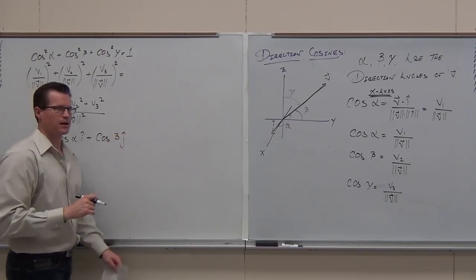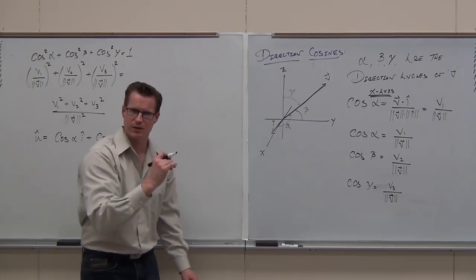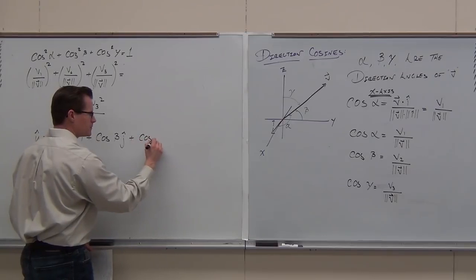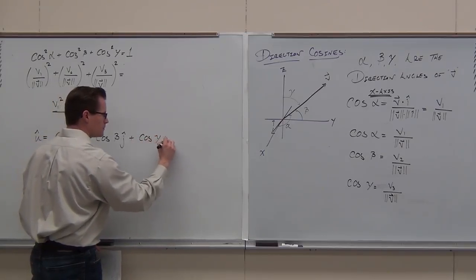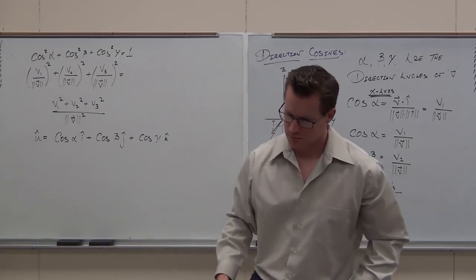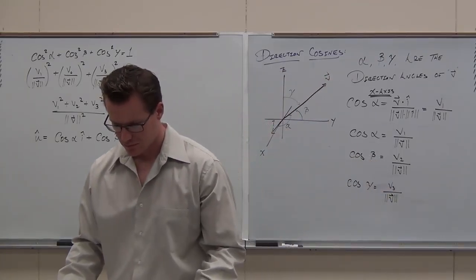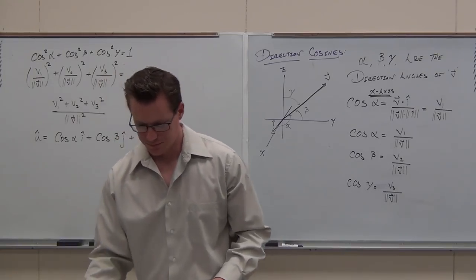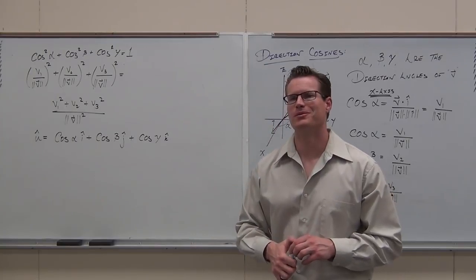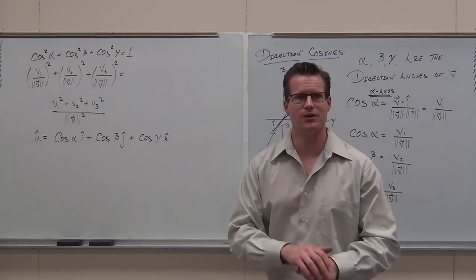It doesn't have any signs because we didn't use sign up here to talk about the relationship between the axis and the vector. But that's the equivalent. If you know the direction angles, that's the way you can find the unit vector.